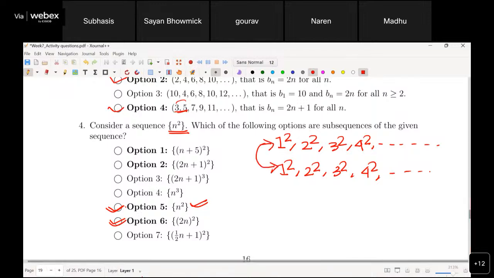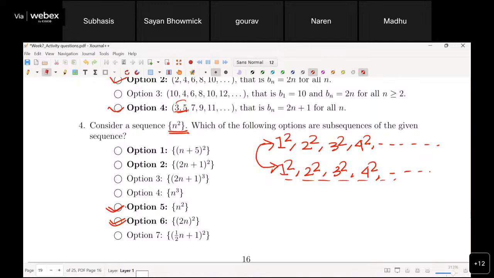I am deleting nothing, and by deleting nothing I get the same thing. So the same sequence is a subsequence of itself. That's why n square is a subsequence of n square.